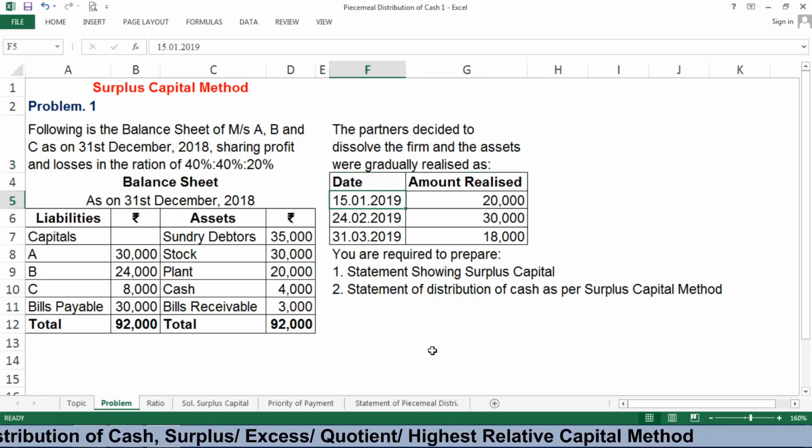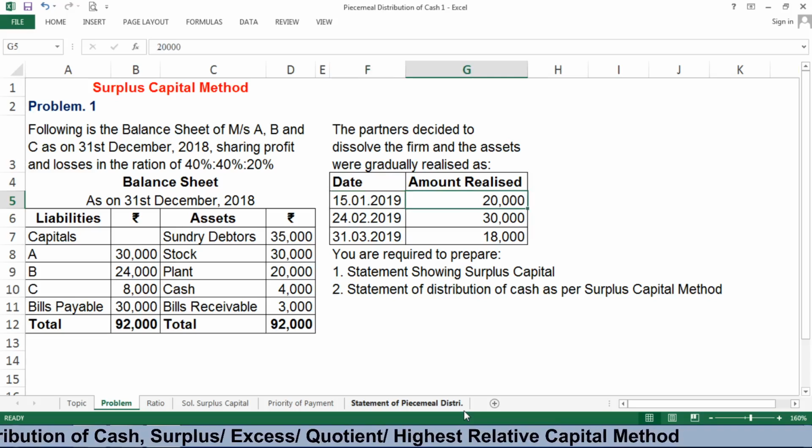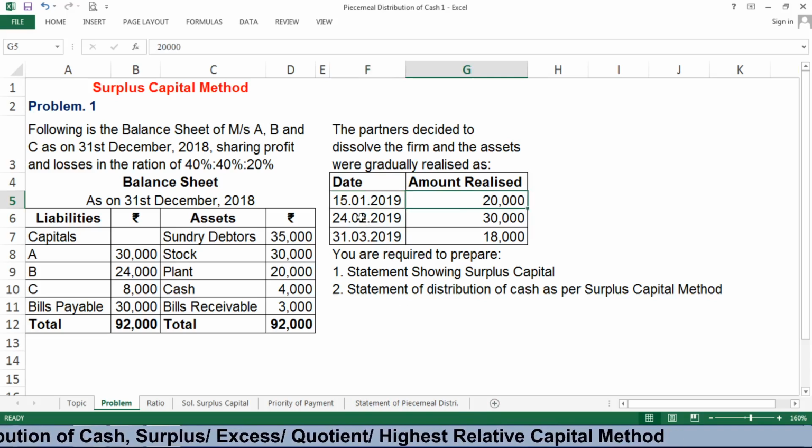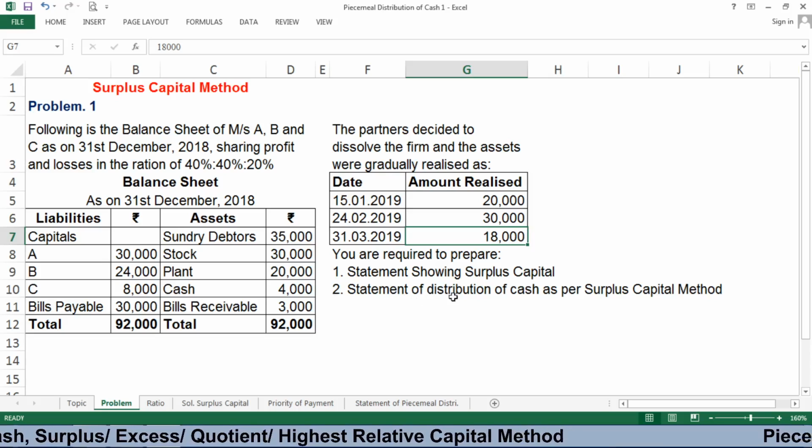On 15th January, an amount of rupees 20,000 was realized. On 24th February, 30,000 is realized, and on 31st March 2019, 18,000 is realized. You are required to prepare a statement showing surplus capital and a statement of distribution of cash as per surplus capital method.